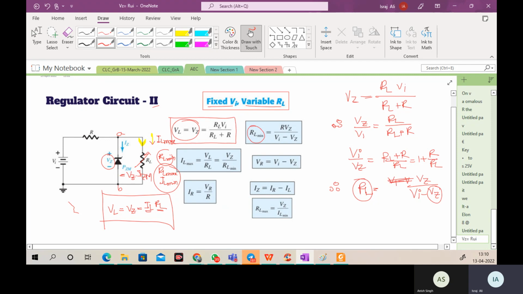When IZ max is there, for that condition I can get IL minimum, which will give you RL maximum.